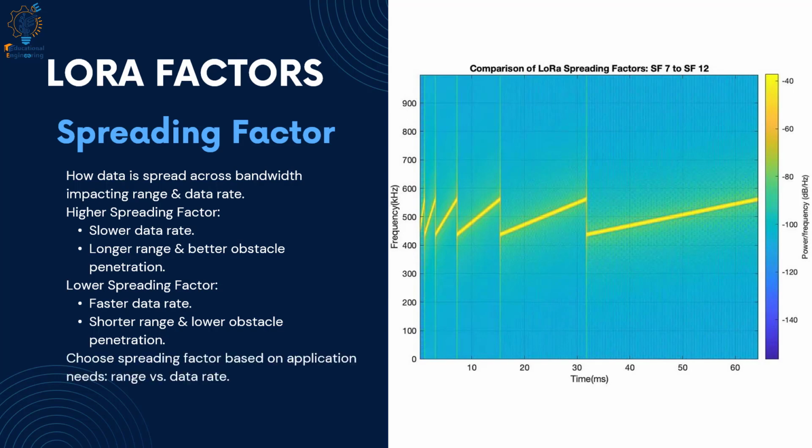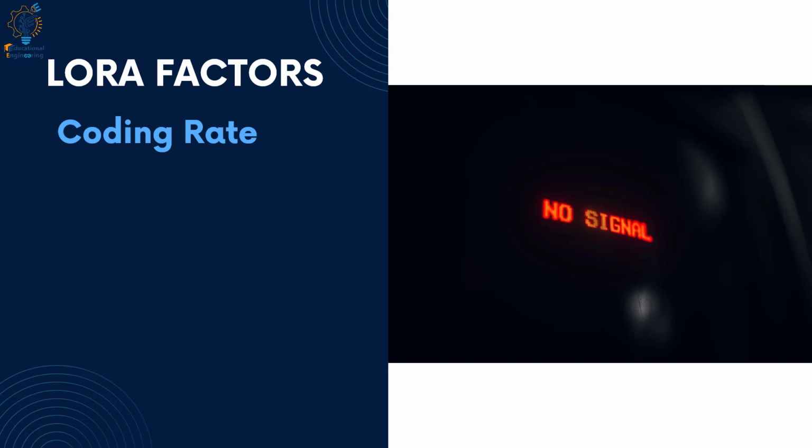Coding rate. Coding rate in LoRa technology is another crucial factor that influences how efficiently data is transmitted and how robust it is to errors. Imagine you're sending a coded message to a friend.